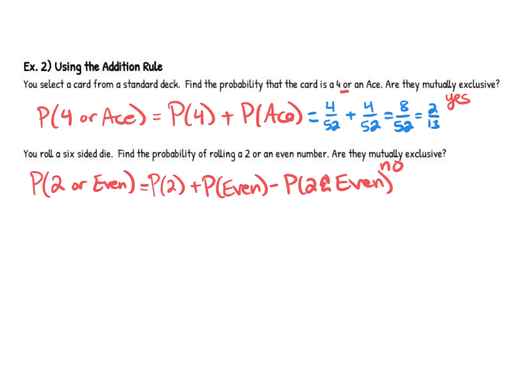The probability of getting a 2 is 1 out of 6, plus our probability of getting even, that'd be 2, 4, and 6, so 3 out of 6, minus how often 2 and even happen at the same time? Just once, so 1 out of 6. So 3/6 plus 1/6 is 4/6, minus 1/6 brings us down to 3/6, or 1/2.